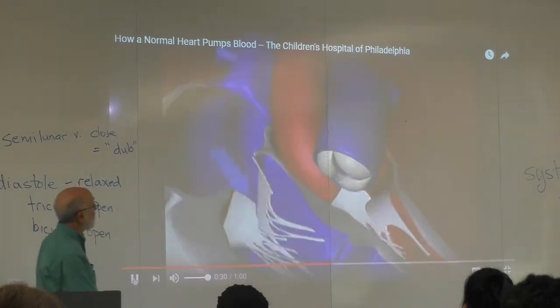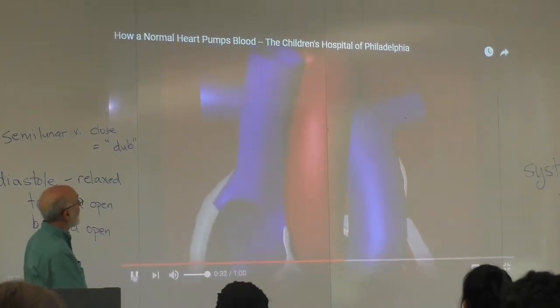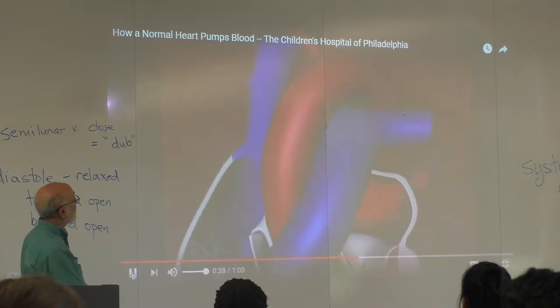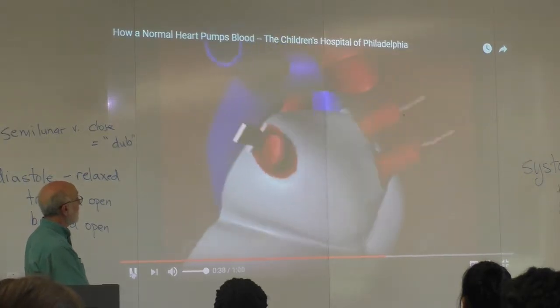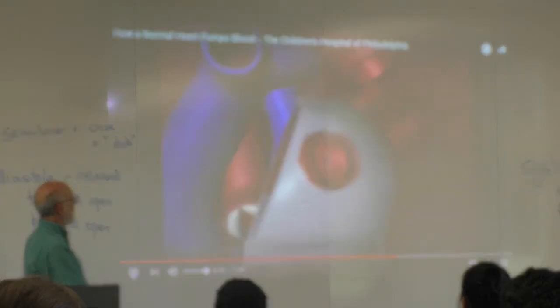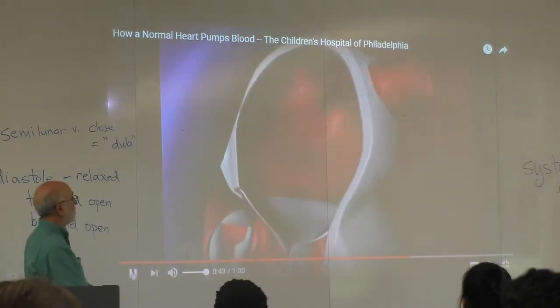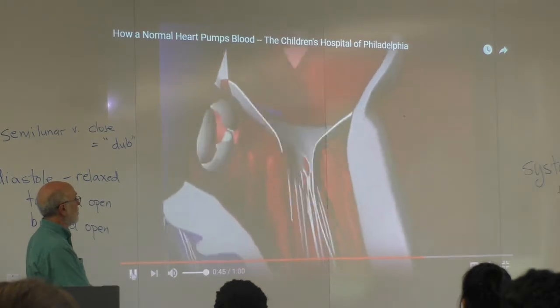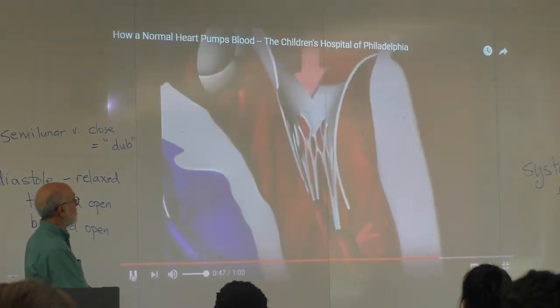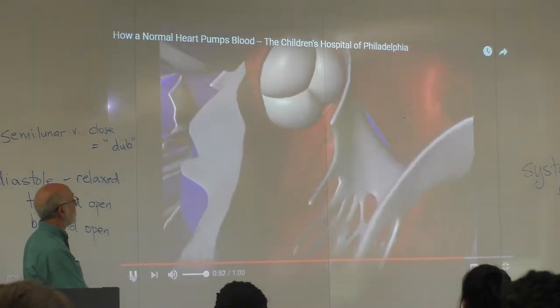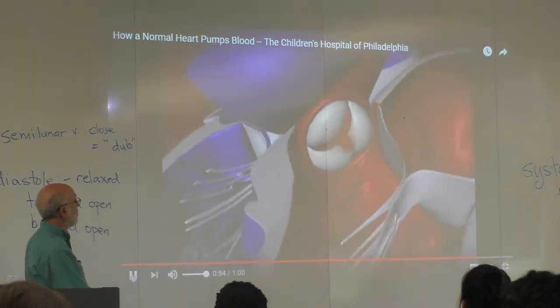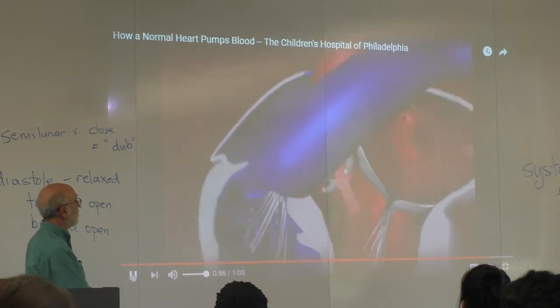Pulmonary artery splits into two vessels, each going to the lungs. As that red blood cell makes its way through the lung, it returns through the pulmonary veins to the left atrium. That blood is now oxygenated. It's picked up oxygen, then goes across the mitral valve into the left ventricle, which does most of the work in terms of delivery of blood flow to the body. That blood cell is now ejected into the aorta to some organ or muscle or skin in the human body.